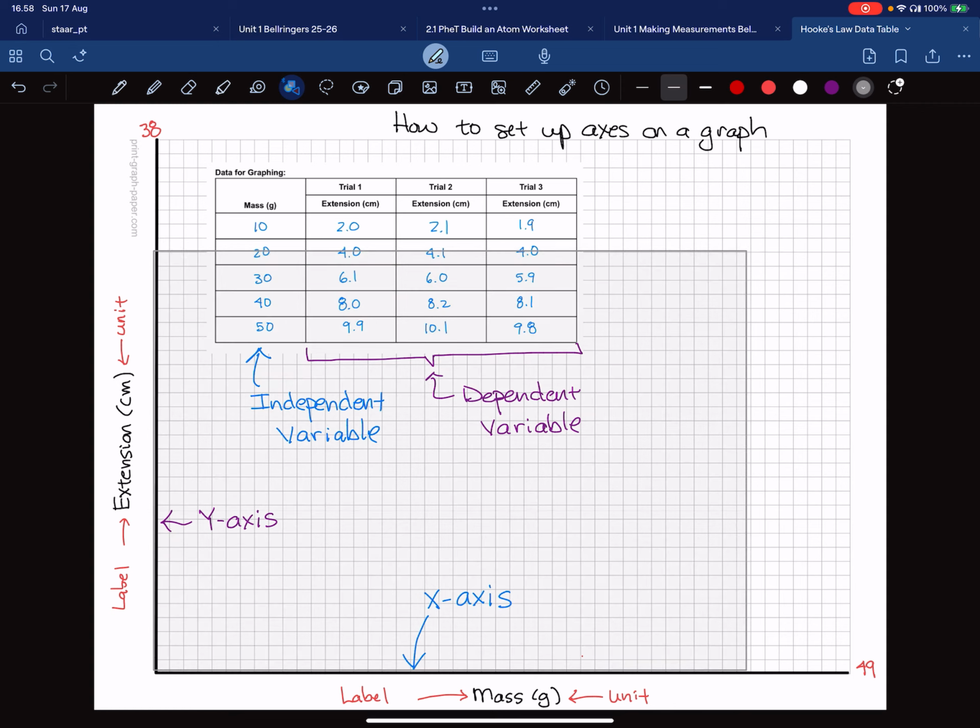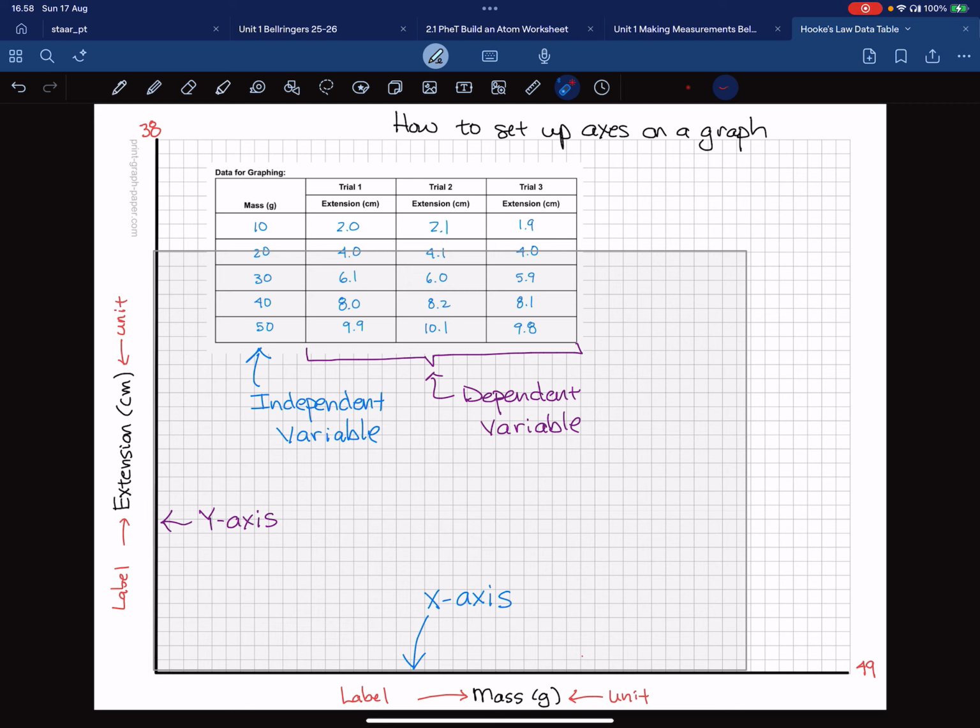That's about 2/3 to 3/4 of the graph paper, so it should take up at least that much space. So the easiest one to do probably is this one. And so let's talk about how you set up the x-axis first.